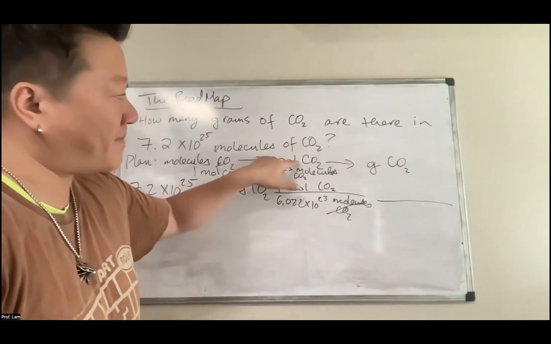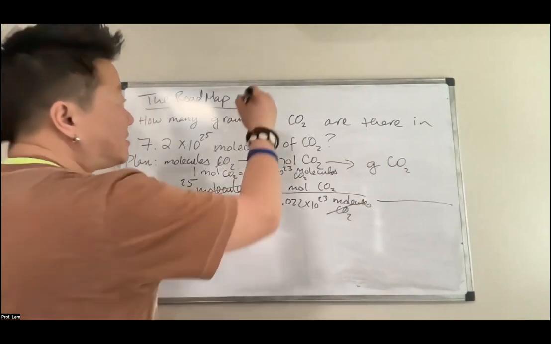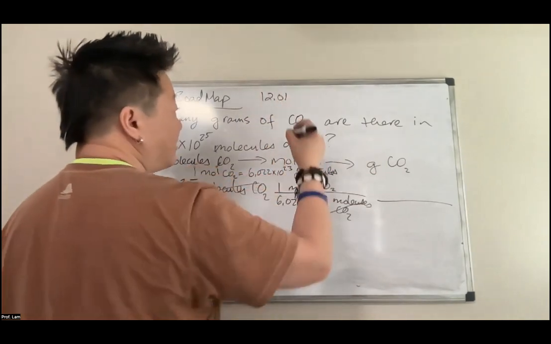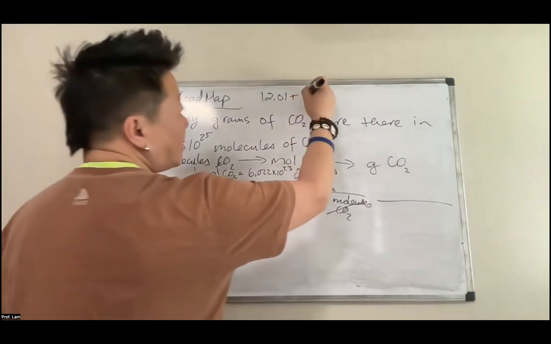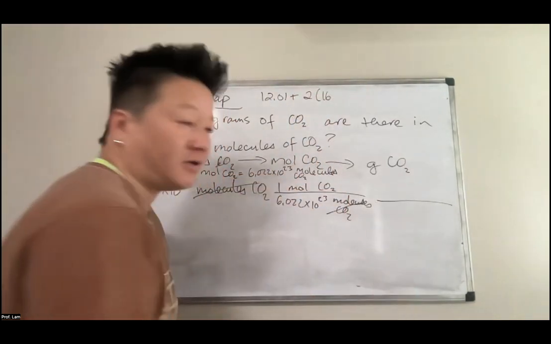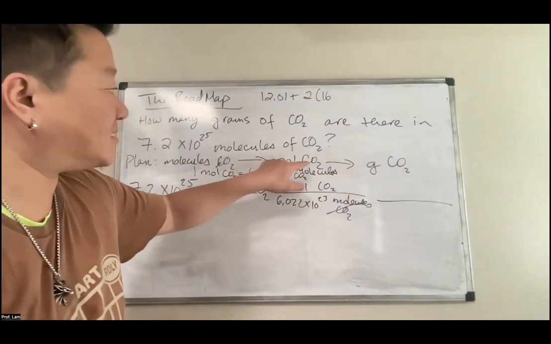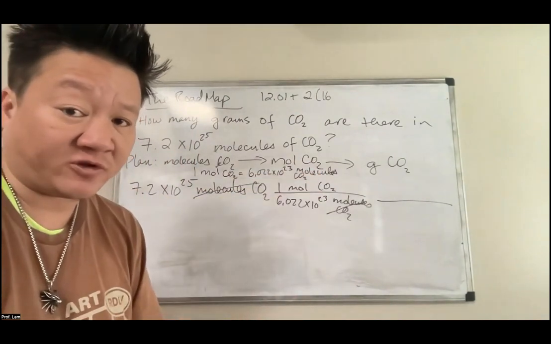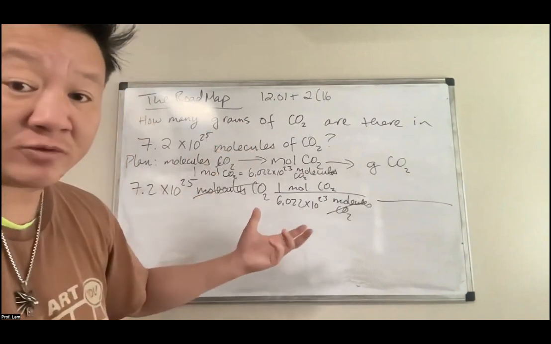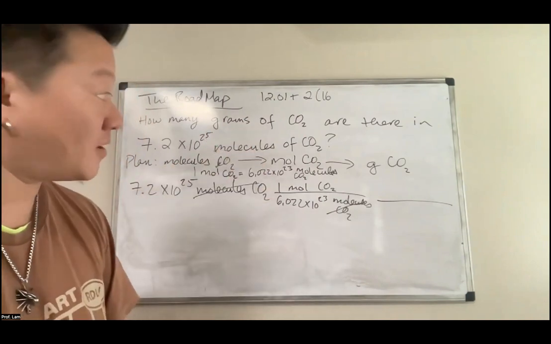Now for CO2, it's quite easy to find the molar mass. You know that the mass of 1 carbon atom is 12.01, right? Plus, you need 2 times the mass of oxygen. So you have all the masses of each individual atom. If you add up all the masses of all the individual atoms, you'll get the mass of the whole molecule, right?